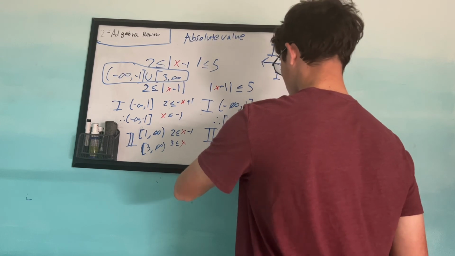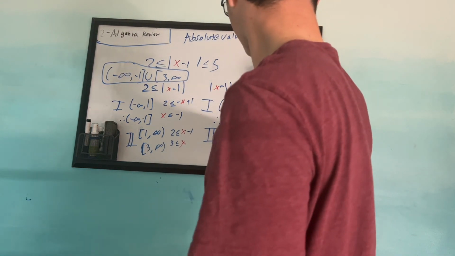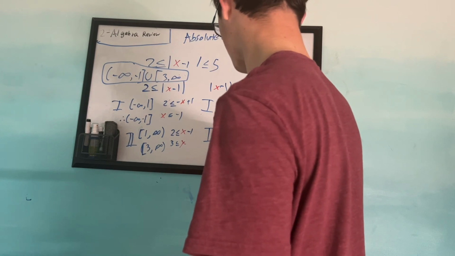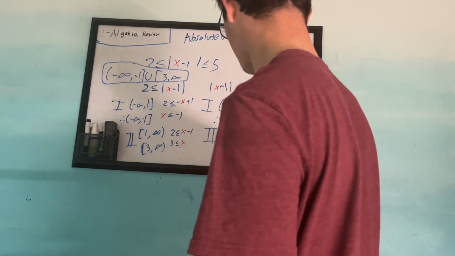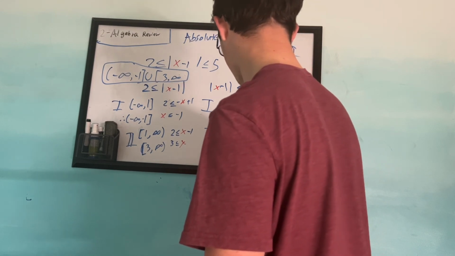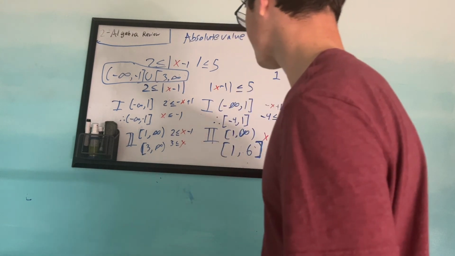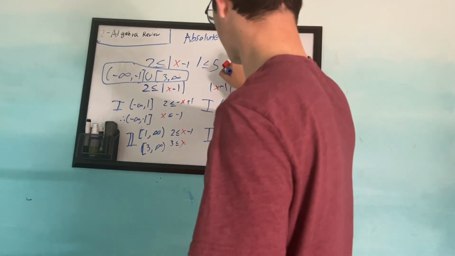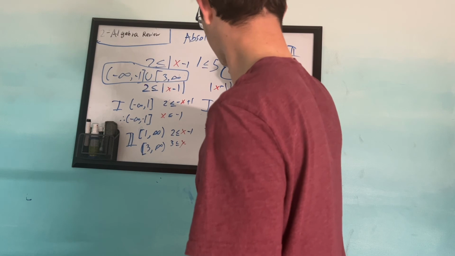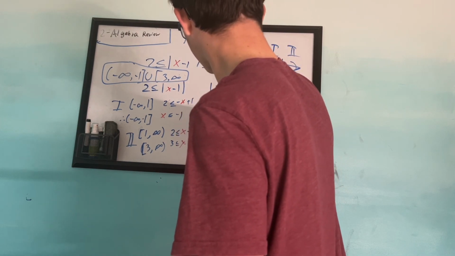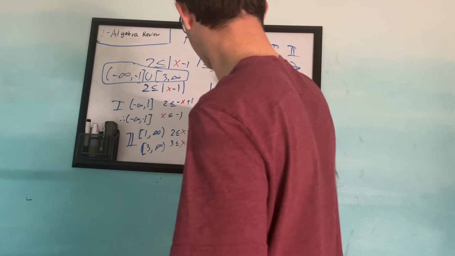Oopsie. See, that's why you double check. This is going to be for the case of x greater than or equal to 1. You guys can tell I'm getting tired, I bet. So this is going to be anywhere from 1 to 6 bracket. Which means we can say that this area would be anywhere between negative 4 to 6.